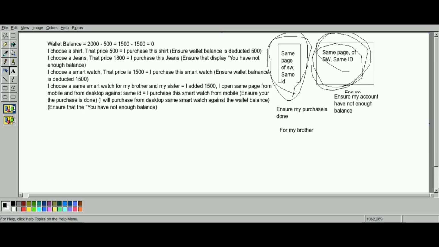If it works properly, then that test case is failed and fixing is needed from the development team. Understand? When I buy two products against one-time added balance, it should display an error and not work properly.